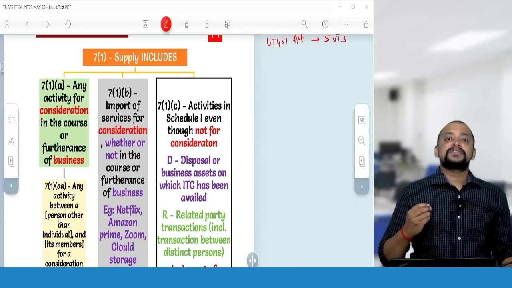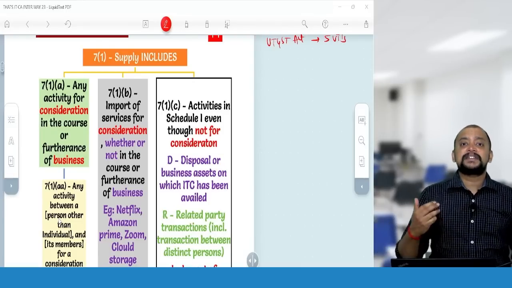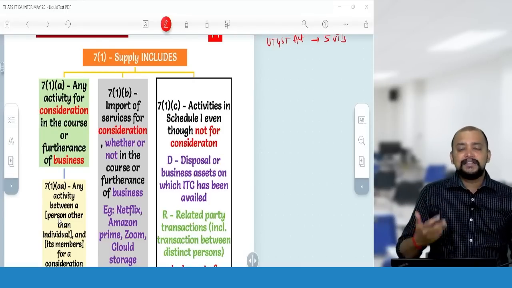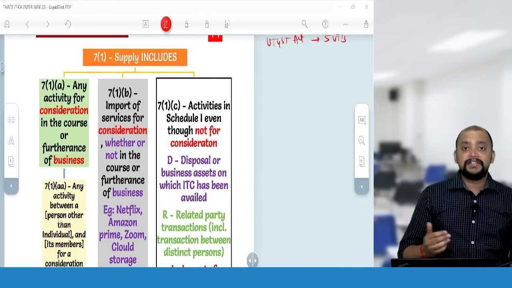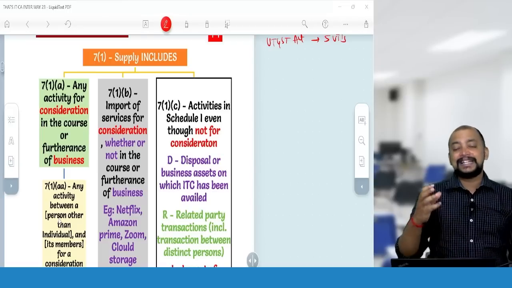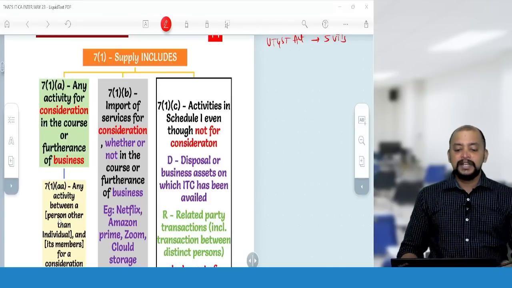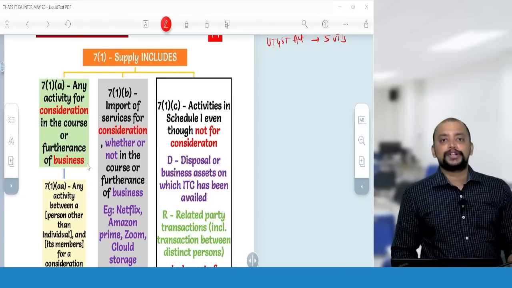Any activity between a person other than individual and its members for a consideration. The difference between 7.1a and 7.1aa is that 7.1a is the activity between two independent people, any person, whereas 7.1aa is between a person other than individual and its members. In both cases it should be for a consideration, whereas 7.1b is import of services.